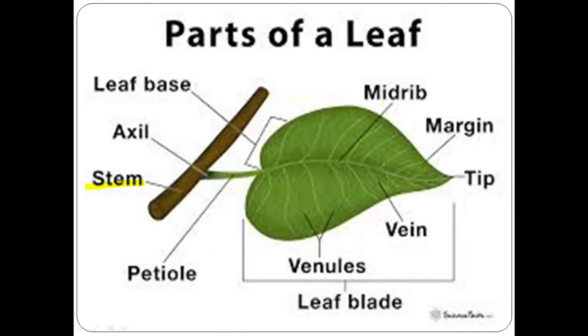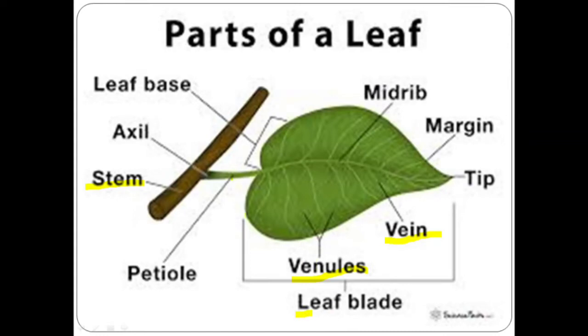The midrib gives lateral branches called veins, and veins give small network-like structures called veinlets. All together, the veins, veinlets and midrib form a structure called venation.